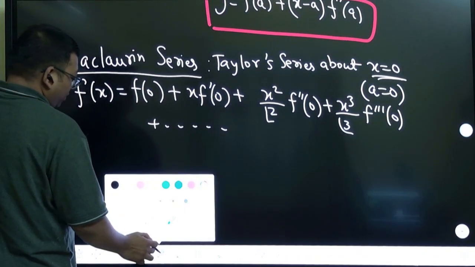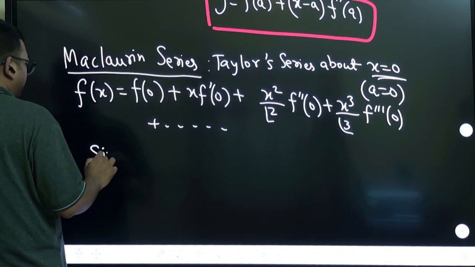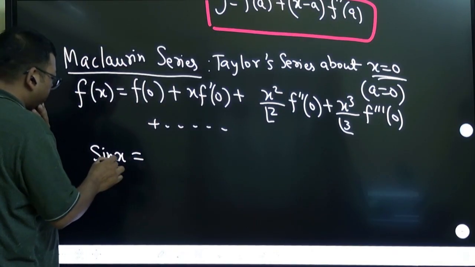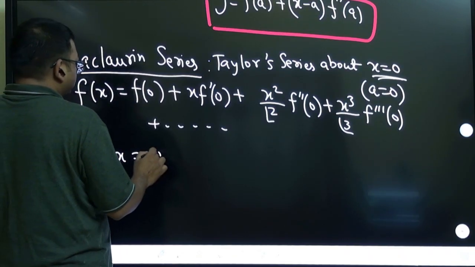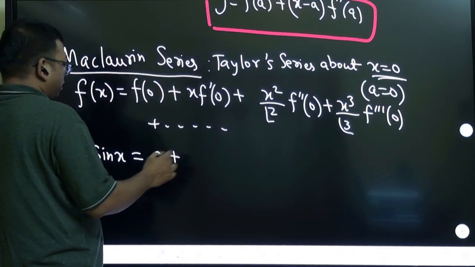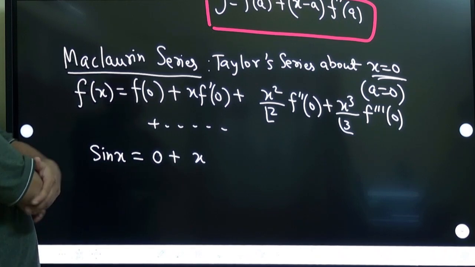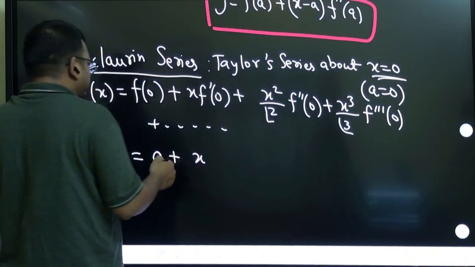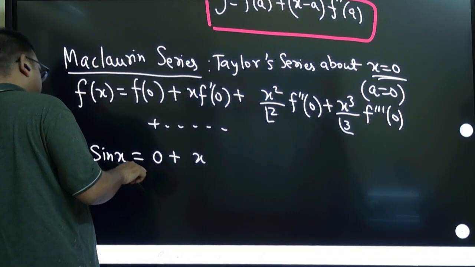So suppose f of x is sin x. Sin x can be written as f of 0, meaning substitute 0. Sin 0 is 0, plus x into f dash 0. For f dash x, first you differentiate sin x, which is cos x.